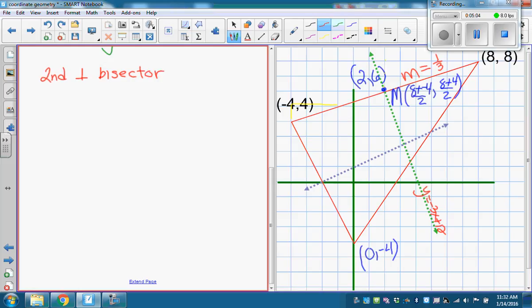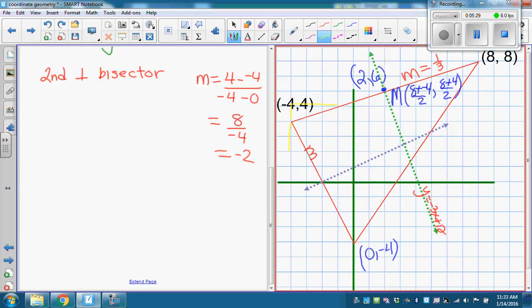Okay, yeah, so the slope over here of this triangle, for m, right here, that would be 4 take away negative 4 over negative 4 take away 0. So that's negative 2. And you've got the picture, right? So think about it. Down 2 over 1 looks good.